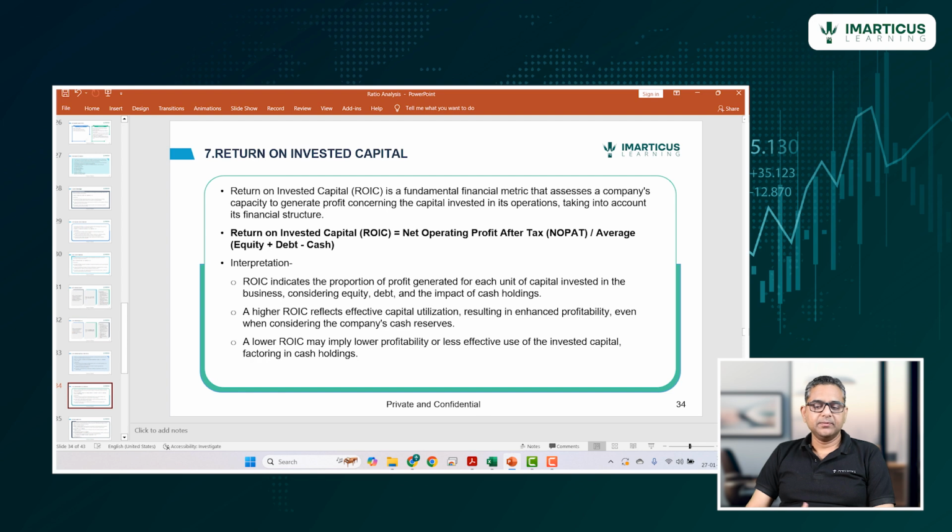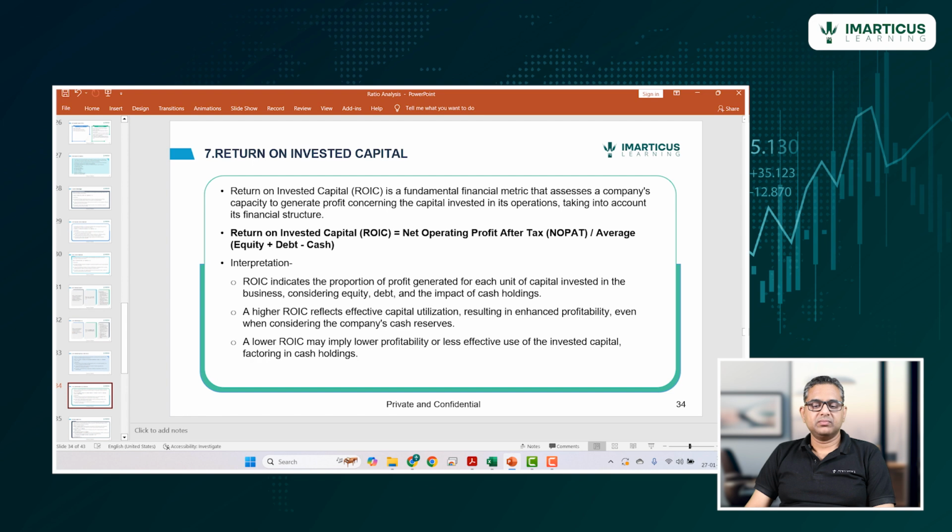Okay, so again, just like we were doing return on equity, return on assets, return on capital employed, we have one more measure here, return on invested capital. Okay, so various return measures can be used to get a comprehensive picture of what are the returns the company is able to generate using its assets, using its equity, etc. Right?